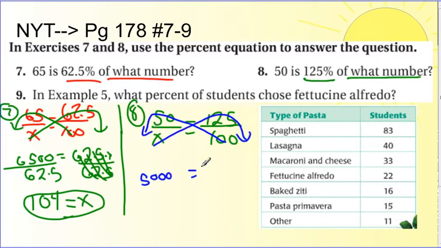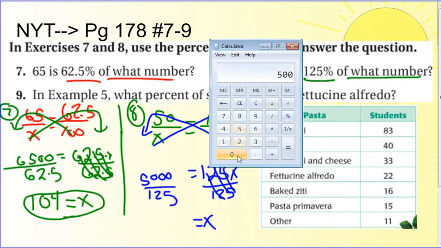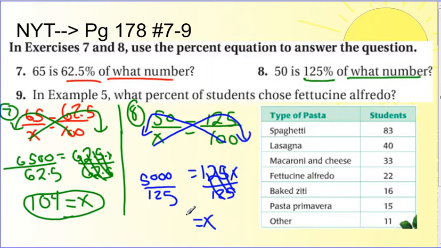X times 125 is 125x. To solve, we divide by 125. These cancel. X equals 5,000 divided by 125, which is 40. Done.